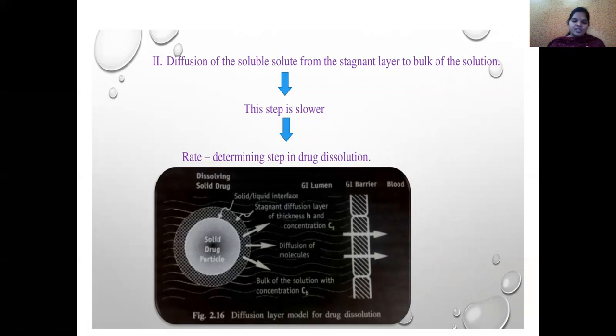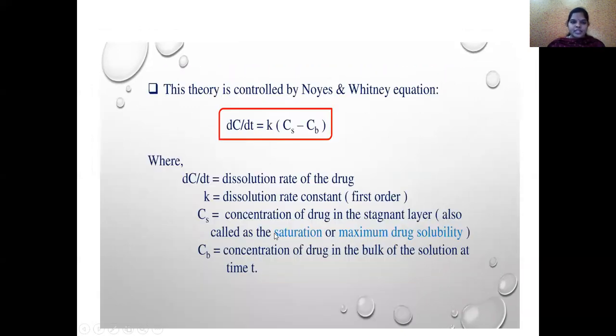First step, formation of a stagnant layer at the solid liquid interface. This step is very fast or rapid. Next, diffusion of the soluble solute from the stagnant layer to the bulk of the solution. Here your drug will be diffused at the stagnant layer, and then diffused into the bulk of the solution. This step is slower, so that's why it is the rate determining step in drug dissolution.